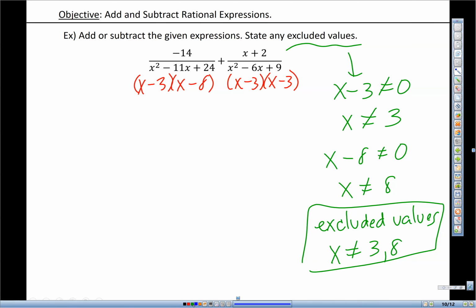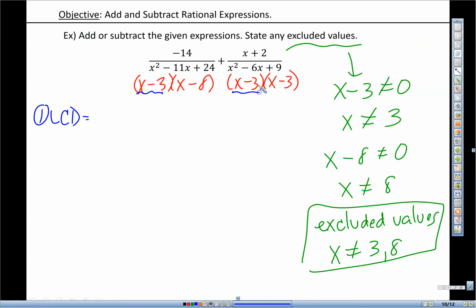All right, so now for the addition, my lowest common denominator. Here's where this one's a little different and why it's one of our examples. So this x minus 3, it's always a 1-to-1 when you're looking at shared or common factors. And we actually saw this with the one with the denominator of x squared and a binomial, where x was squared, one x was shared and the other x was considered not shared, or kind of left over.